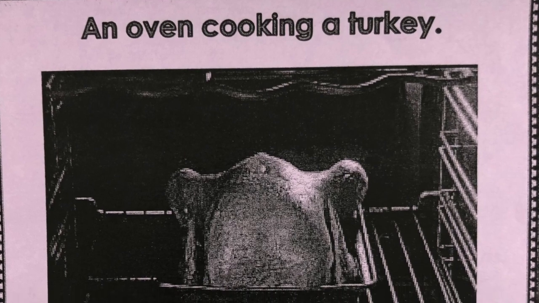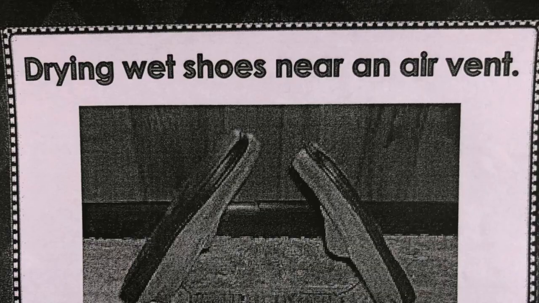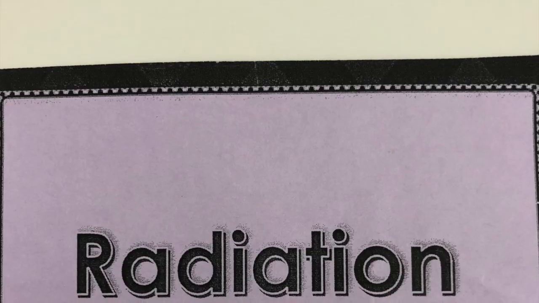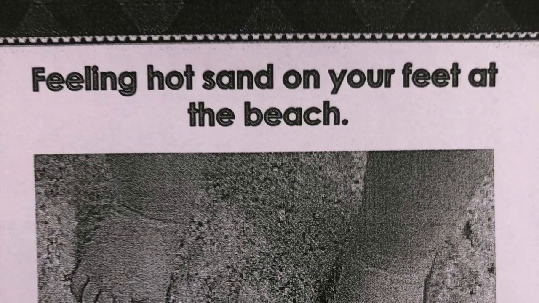Sixth graders, just to review: an oven cooking a turkey, feeling the warmth from a fire, and drying wet shoes near an air vent are all examples of radiation, which is when we can feel heat.